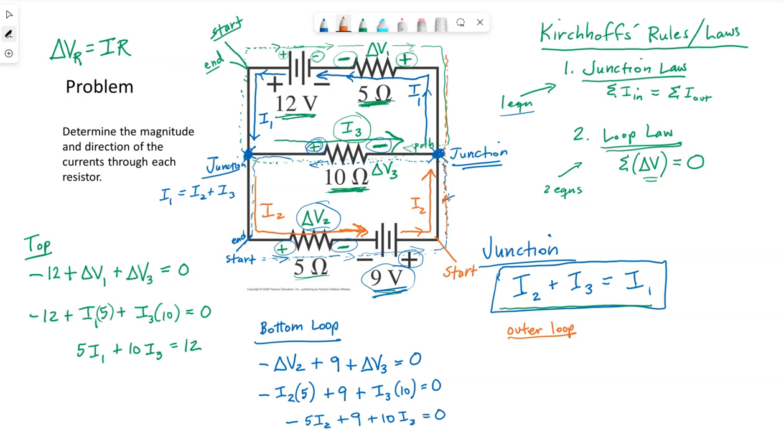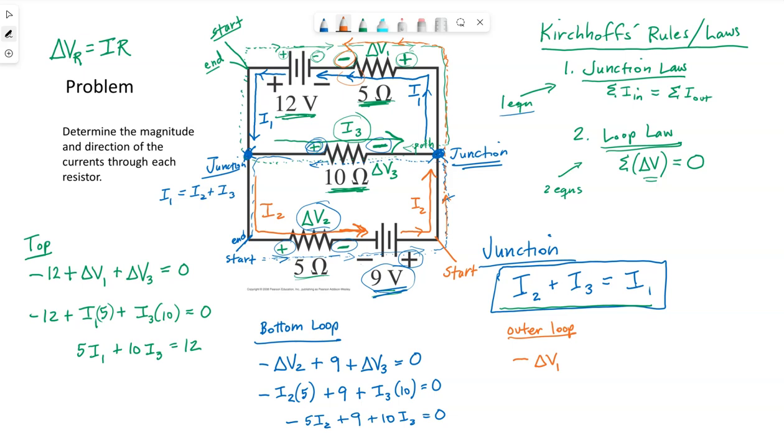We keep going. The first element we're going to pass by is this top 5 ohm resistor. Since our path is taking us towards the left, we're seeing this negative end, this lower potential end, last. That means I would start my equation down here as minus delta V1. I'm seeing a drop because I'm going with the current.